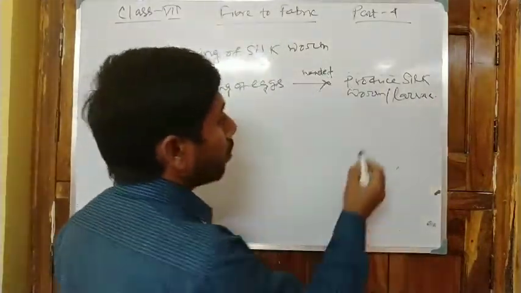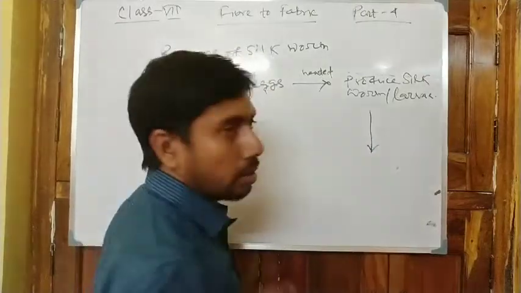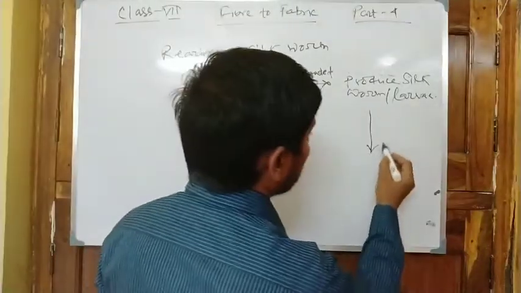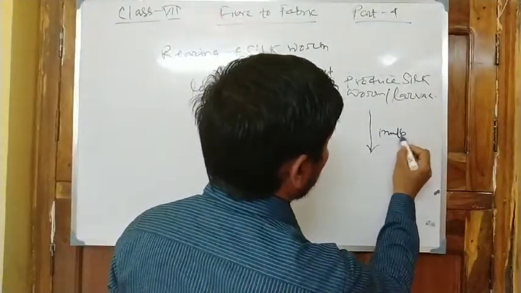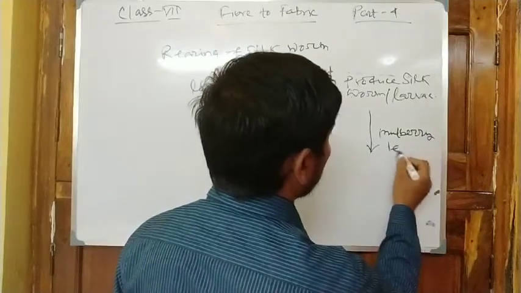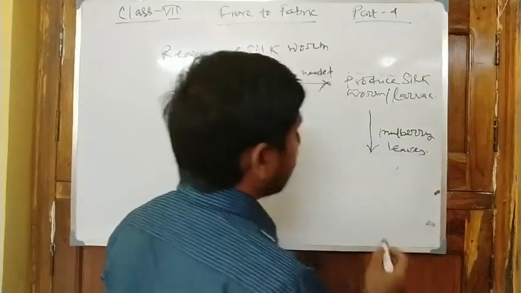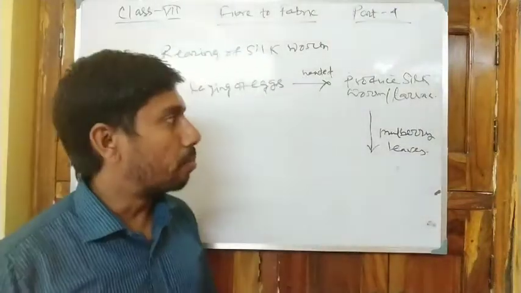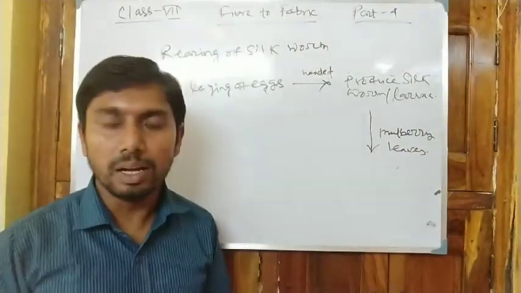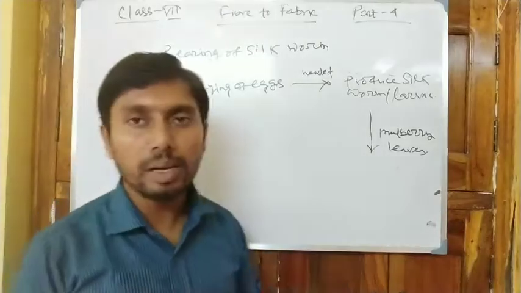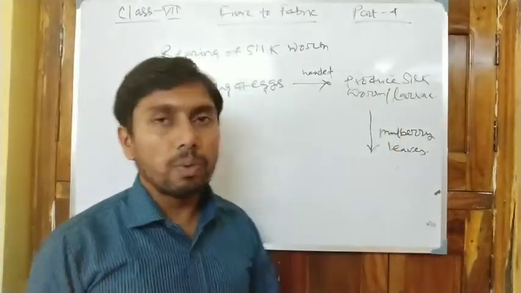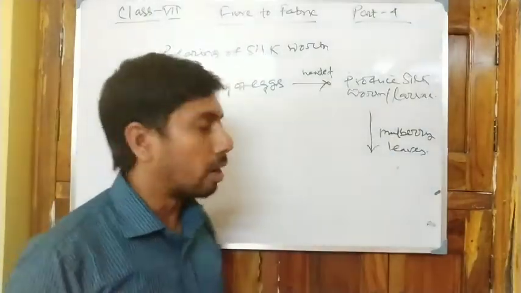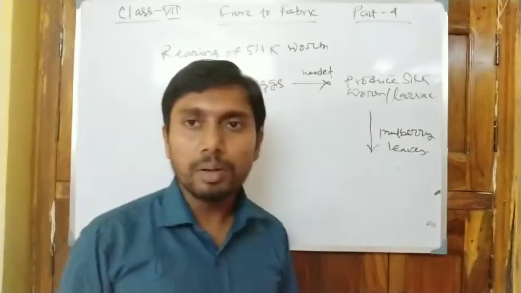Now the silkworm lives on the mulberry plant leaves. It is kept in a bamboo basket where it is given mulberry leaves, and the silkworm eats a large amount of mulberry leaves and grows very fast.